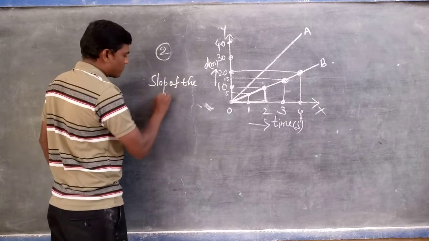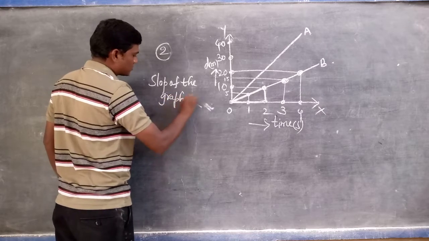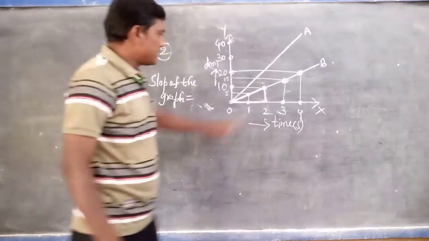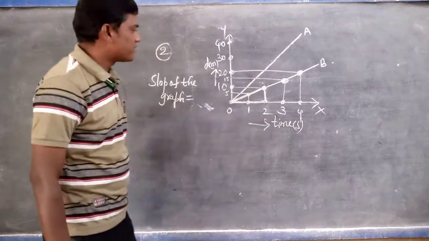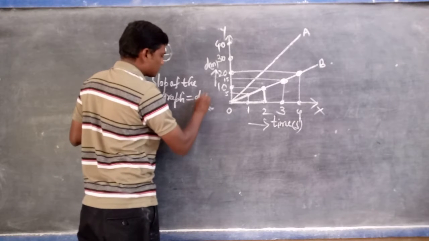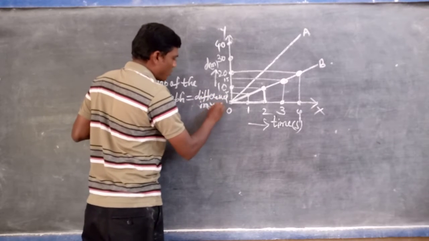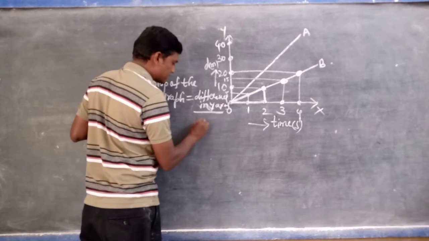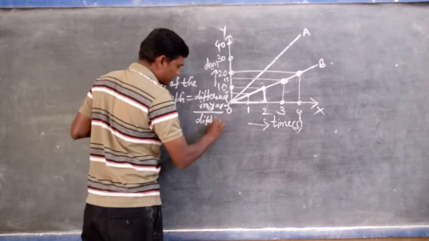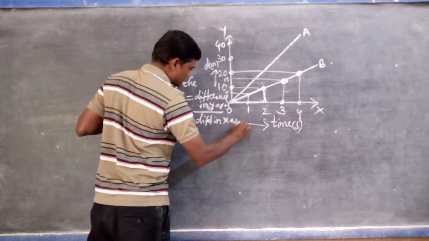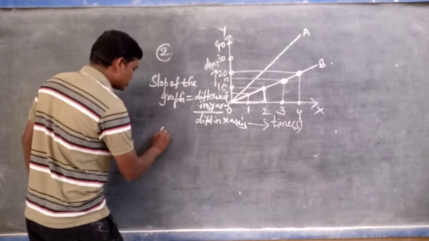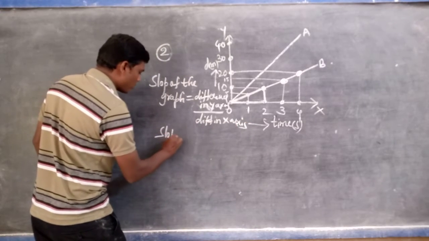The slope of the graph is equal to what? The difference in the y-axis divided by the difference in the x-axis. That is the slope of the graph.